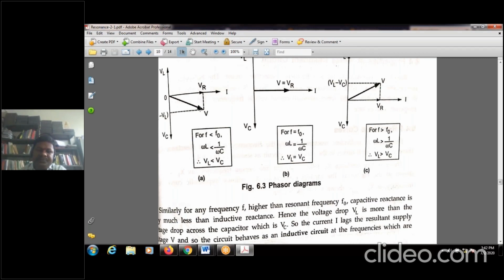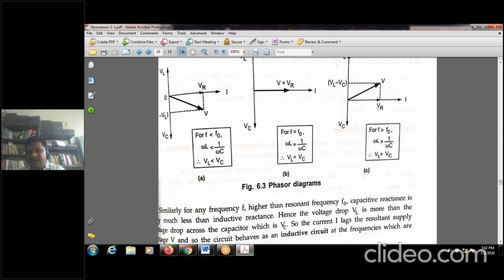Below the resonant frequency, the voltage is lagging. At the resonant frequency, both are in phase. At resonance, V is equal to VR, whereas here it is VL and VR, and in greater than resonant frequency, it is VL minus VC and VR.